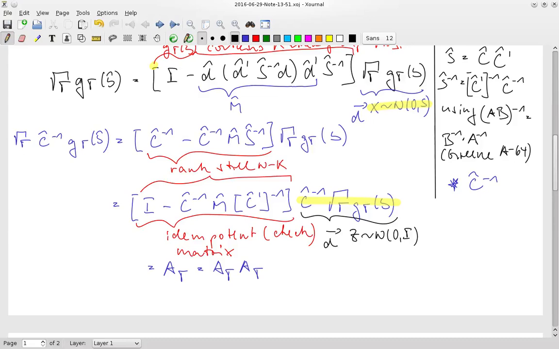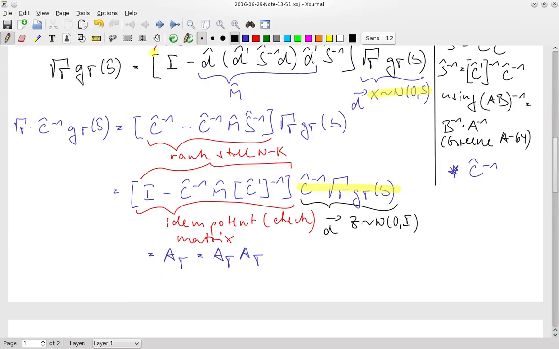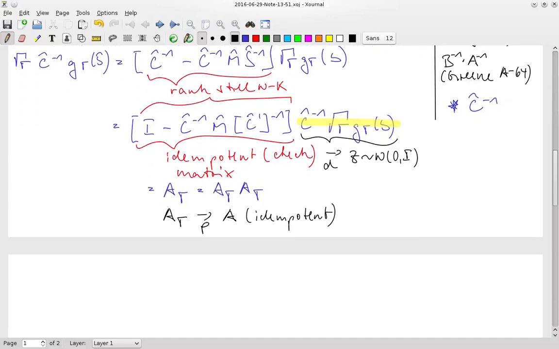I provide the explanation of that in a minute, but let us also assume here that this A_T matrix converges in probability to a matrix A, and this matrix A is still idempotent. A sub T is idempotent, and there's no reason that anything changes in the limit. The matrix remains idempotent.